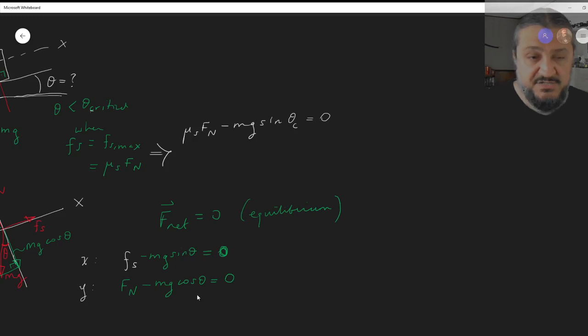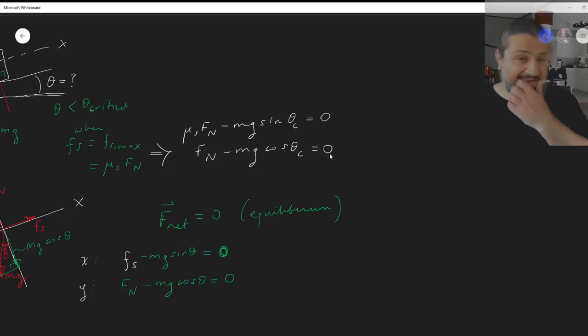Similarly, the second equation reads Fn minus mg cosine theta critical equals 0. Okay?